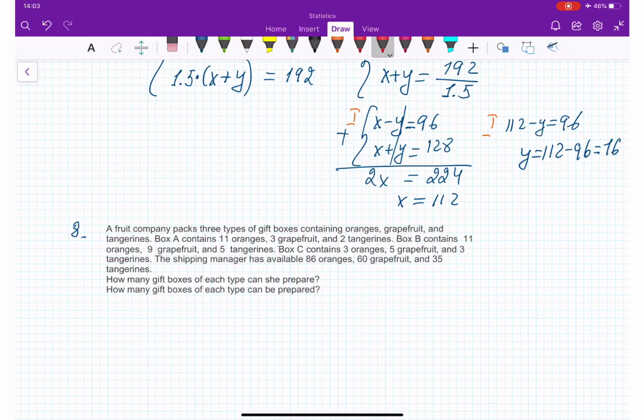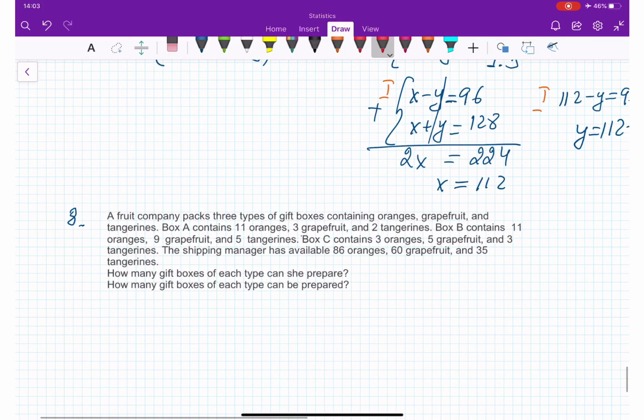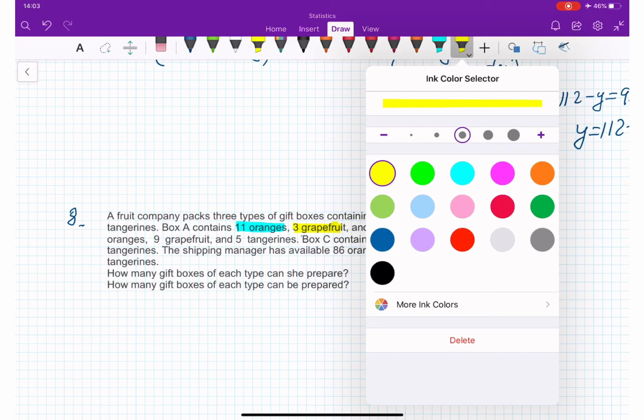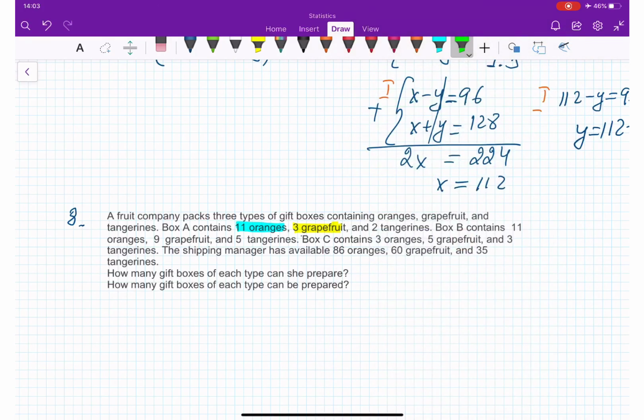A fruit company packs 3 types of gift boxes containing oranges, grapefruit, and tangerines. Box A contains, let's make it easy, 11 oranges, 3 grapefruits, and 2 tangerines.